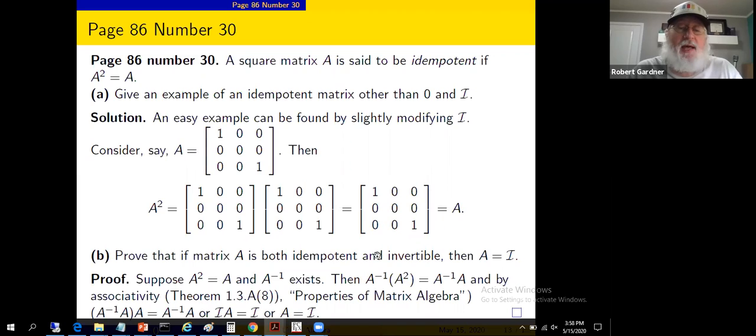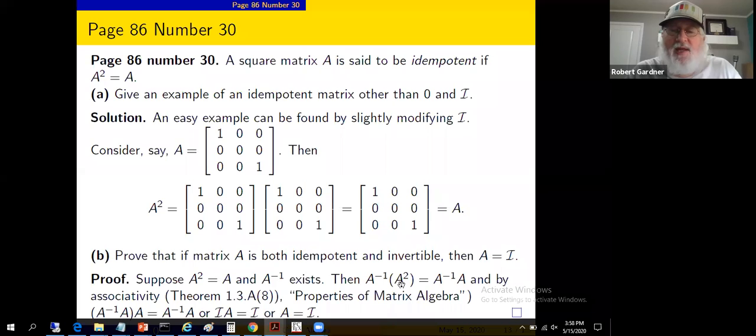Okay, take a matrix A. Suppose it is idempotent, that is A squared equals A. That's what idempotent means. And A inverse exists. It's invertible. Okay, consider A inverse A squared.